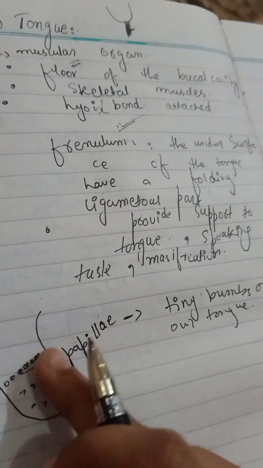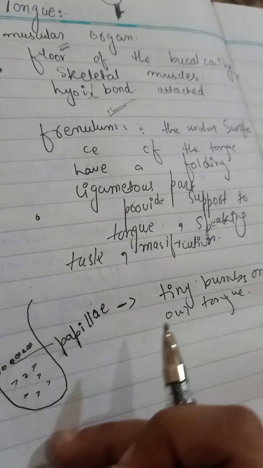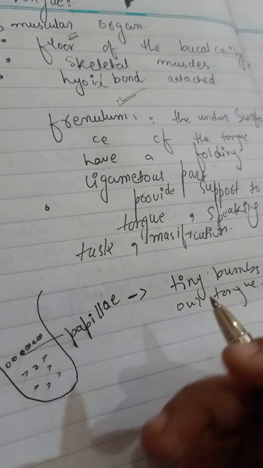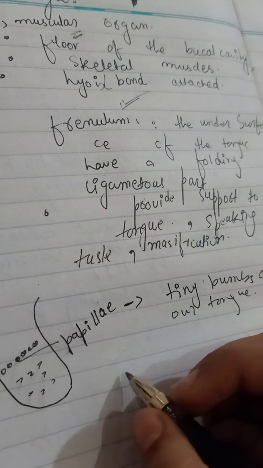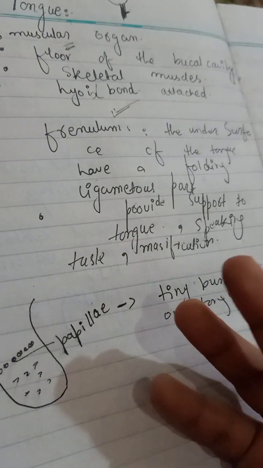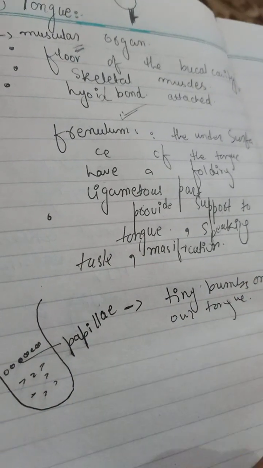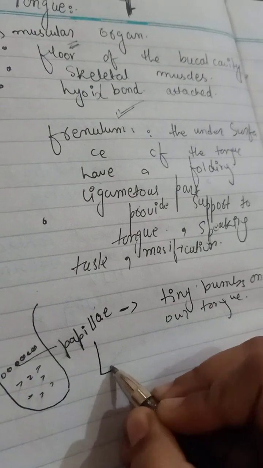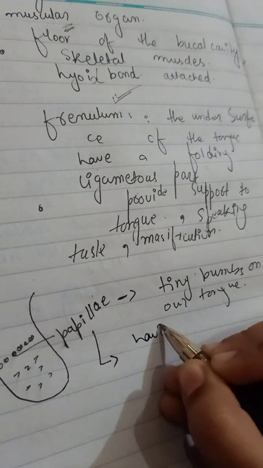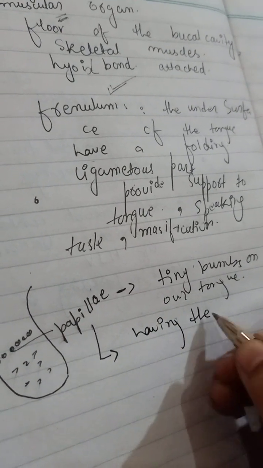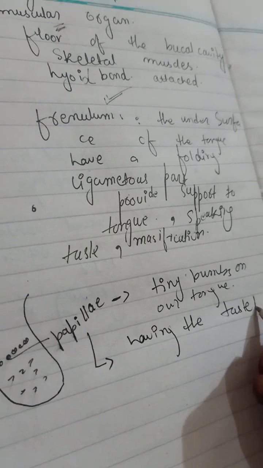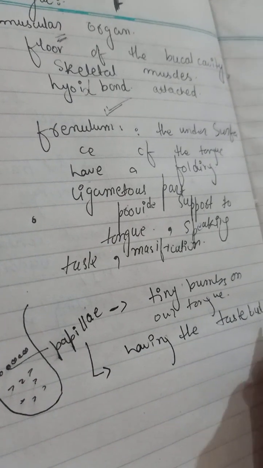So papilla is basically a tiny projection of the tongue. And now you can ask what's the function of the papillae, what do they actually do. So papillae basically have the taste buds. What does it mean?